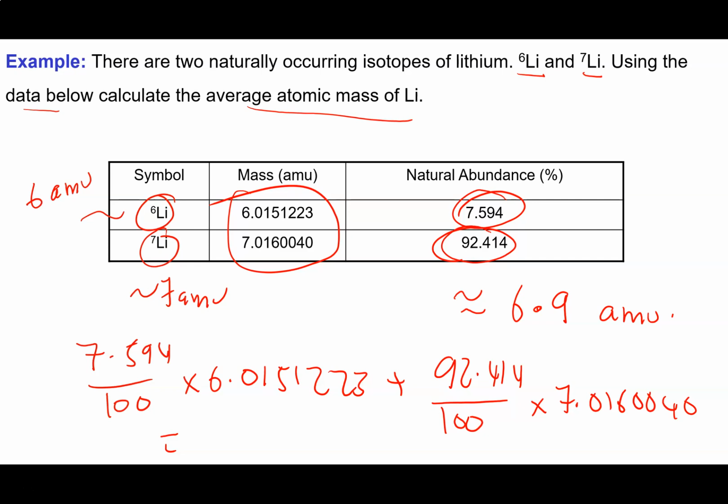What do I get? Sure enough, 6.94 AMU. Okay, so that's how we do it. We take the percent abundance, divide by 100, times the mass. We do that for every isotope and add them together, and that gives us our weighted average.